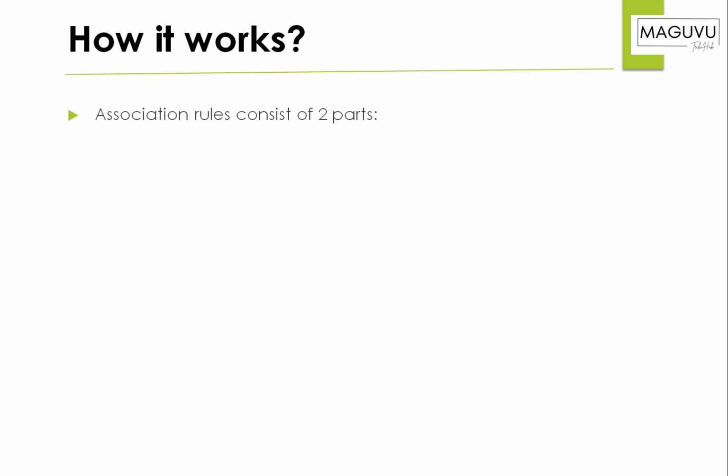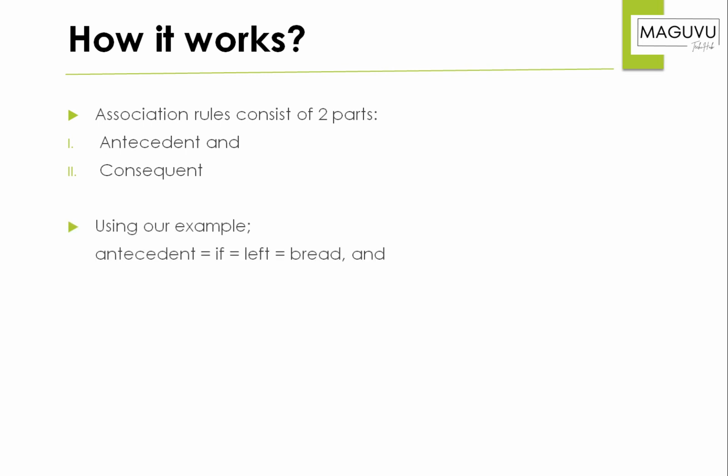Association rules consist of two parts, and these two parts are the antecedent and the consequent. So using our example, let's expand this and combine with the if-then statements. The antecedent is the if part of the if-then statement.